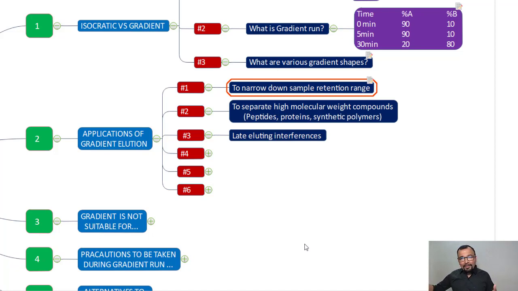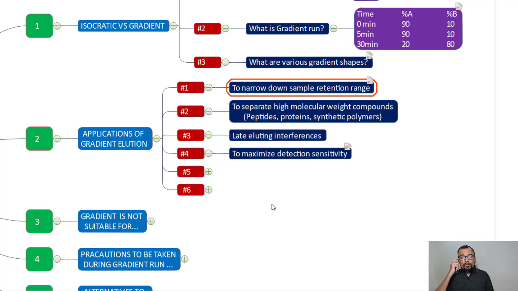So for example, if a compound is eluting at 80 minutes in the isocratic mode, the moment you start building the strength of the mobile phase, it will start eluting at, let us say, 10 minutes. And you will be able to finish the chromatographic run quickly. So these late eluting interferences can be well managed by using a suitable gradient elution run.